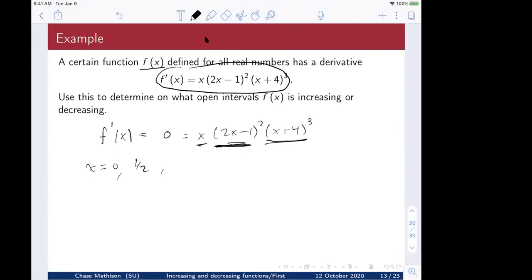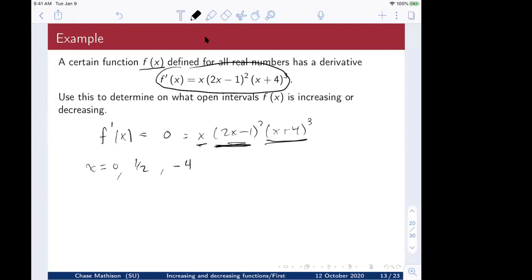X equals -4. Excellent. So we did step 1 right there. Reminder that we didn't differentiate f because we already have f prime. And in fact, we don't have f at all, but we actually don't need f to be able to say where f is increasing and decreasing if we have f prime.